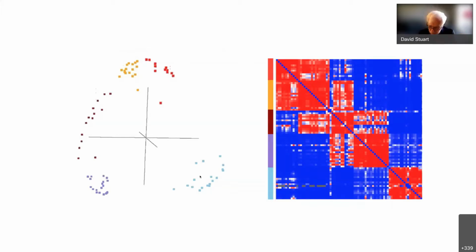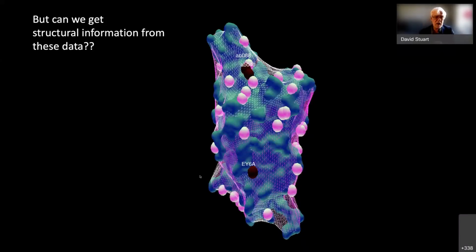And those groups do overlap to some extent, and you can see that in the competition matrix on the right. The blocks are not completely independent of each other, particularly the top left-hand blocks have some cross competition between them, but there are clearly discrete areas which we would call epitopes, and the coloring on the bar down the side matches the stuff on the left to the right. So that's fine. We can bin the antibodies into different epitopes.